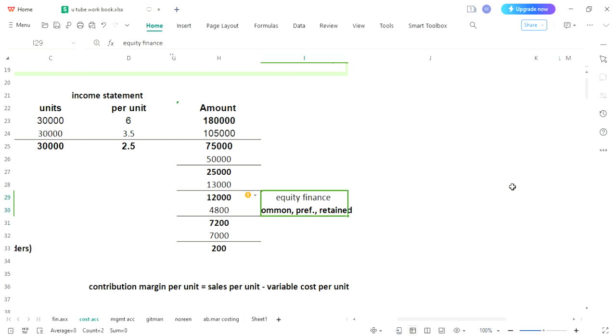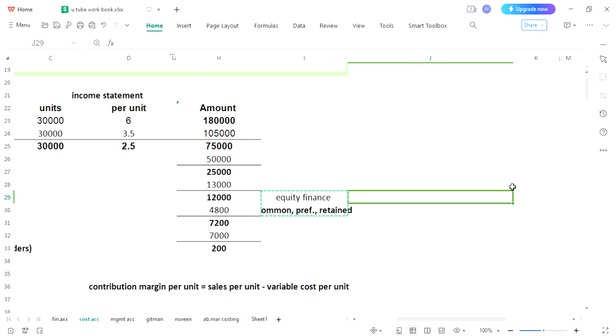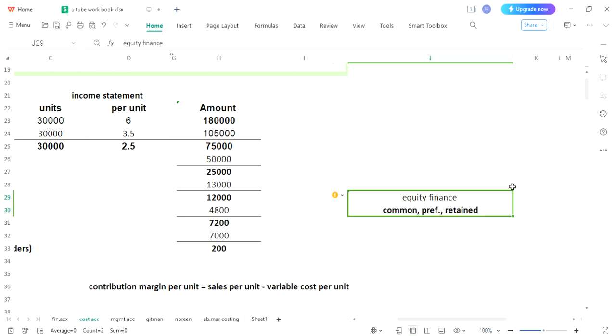So there were two types of financing. Equity finance had common shares, preferred shares, and retained earnings. Just for your memory, I'm repeating it. You will have to pay dividend first to preferred shareholders. If you have profit in balance after payment to preferred shareholders, only then will you distribute that profit to common shareholders. So the same we are doing over here.